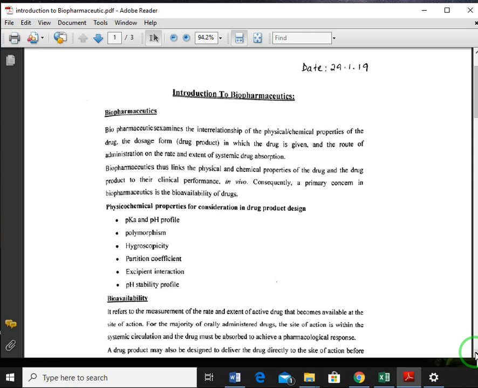Whenever we are developing a formulation, we must consider its physicochemical properties. These are some, but there are more physicochemical properties of deep concern whenever we are developing or designing a drug product.